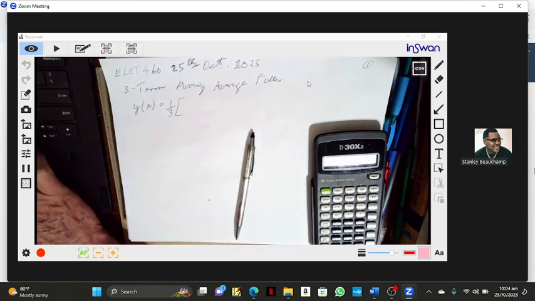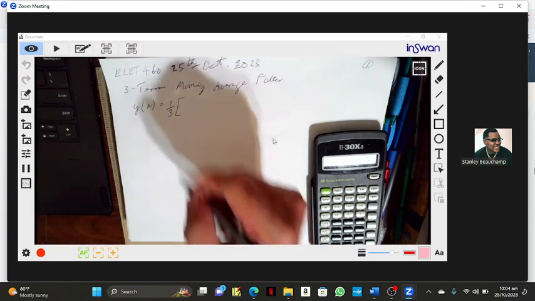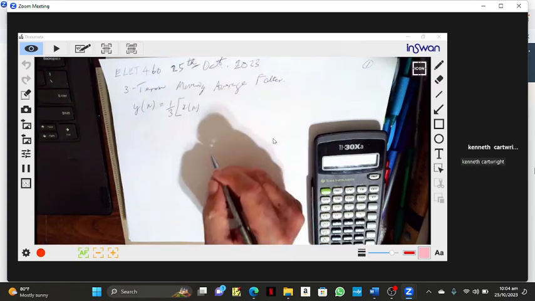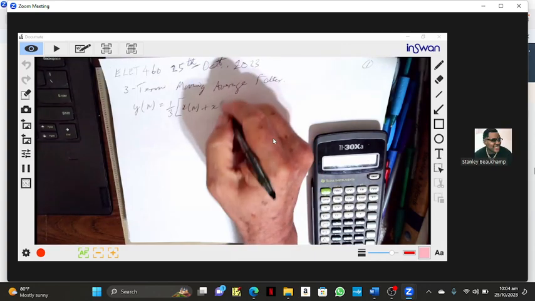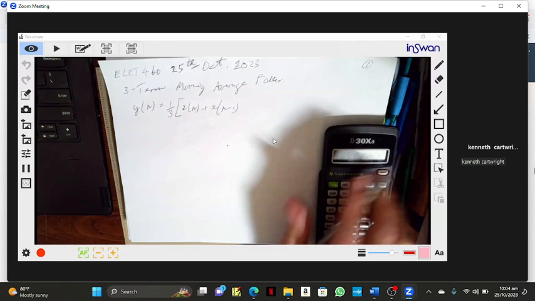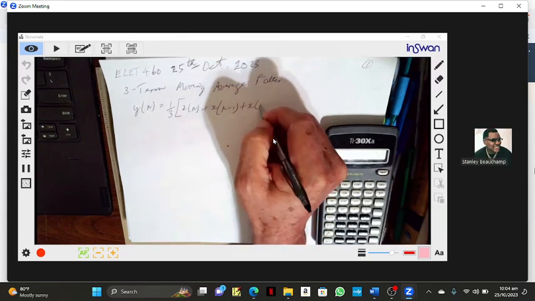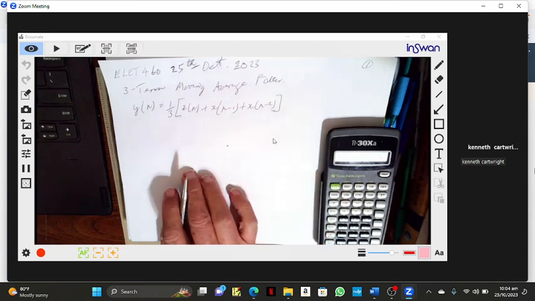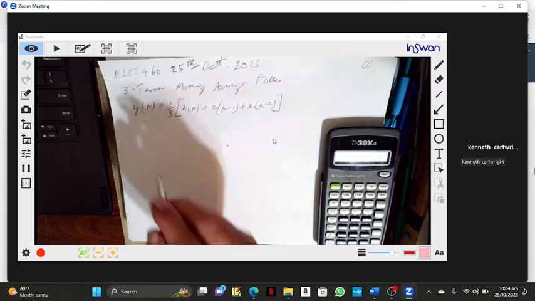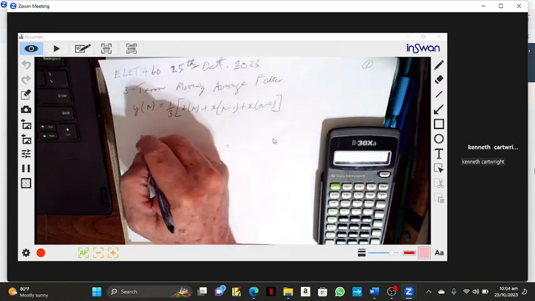That's x of n. Yes. Plus x of n minus 1. Yes. Plus x of n minus 2. Okay. Good. So what's the impulse response of this?